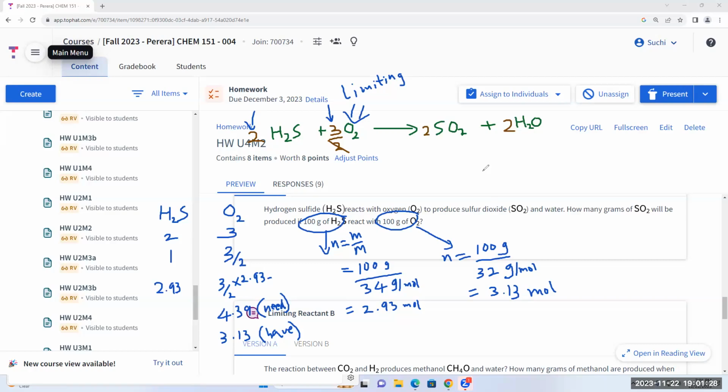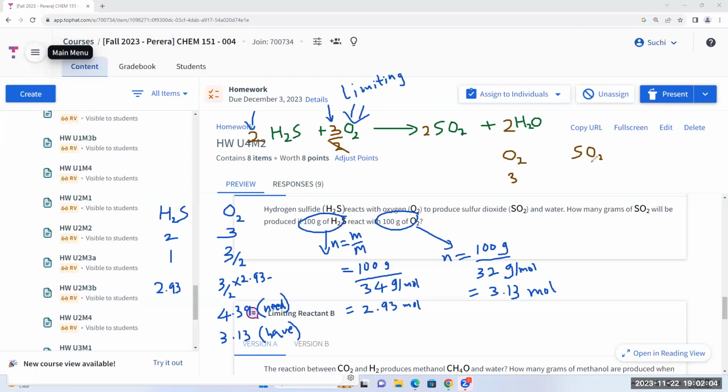They're asking about SO2 now, right? In this case, let me use a different color. Brown. Anyway, oxygen is the limiting reactant, and SO2 is what they're asking. Based on the balanced chemical reaction, if we have 3 moles of oxygen, how many moles of SO2 will we get? 2, right?